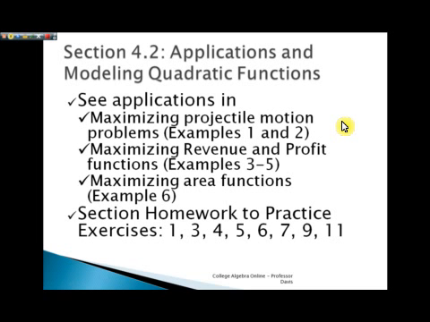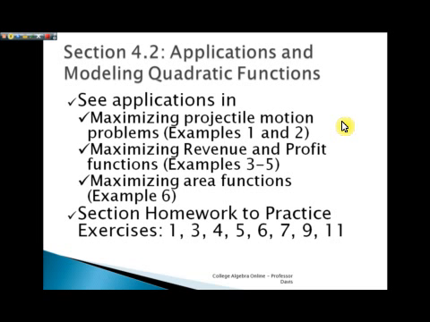And there's really basically three of these that we want to look at. First, in examples 1 and 2, there are examples there on projectile motion problems using the gravitational constant and so forth. And then we want to look at maximizing revenue and profit functions.